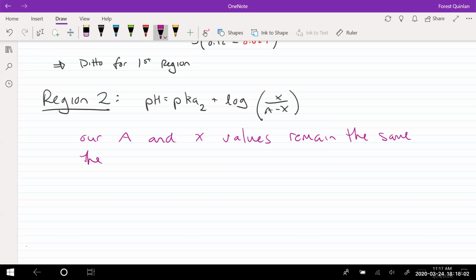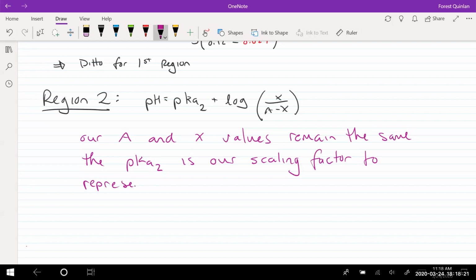The pKa2 is our scaling factor to represent our new equilibrium region.